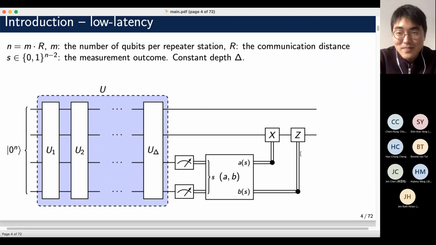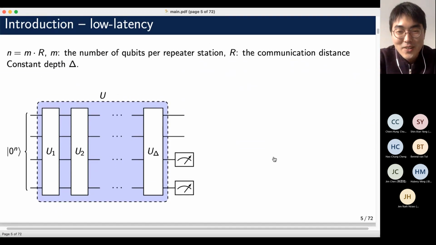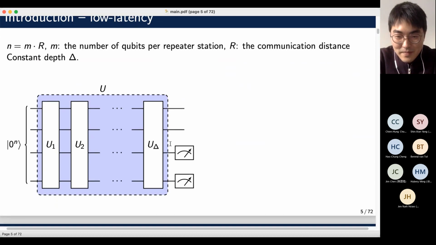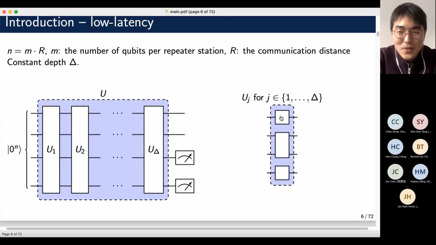And the final state would be the state after this correction term X and Z. But first, let's forget about this correction term and focus on the unitary. Here, each Uj consists of 1 or 2 qubit gates. And these 2 qubit gates are restricted, as I said before. They must be on neighboring stations.